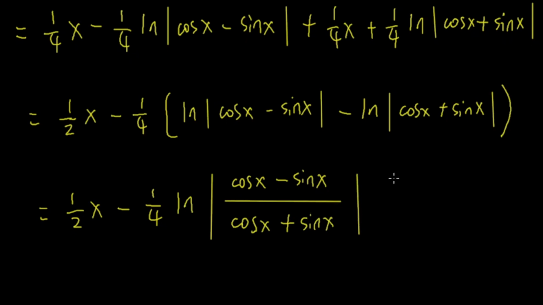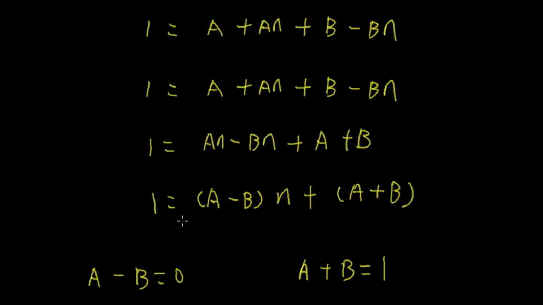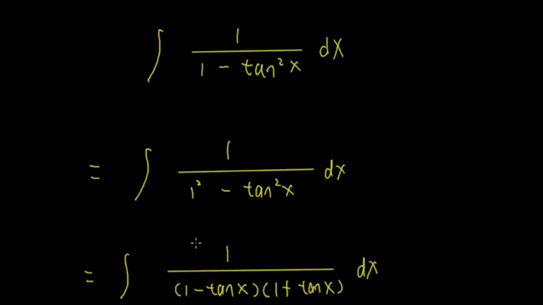Now, are we done? Yes, we are done. We can add plus C here. So this is the integral of 1 over 1 minus tangent square x.